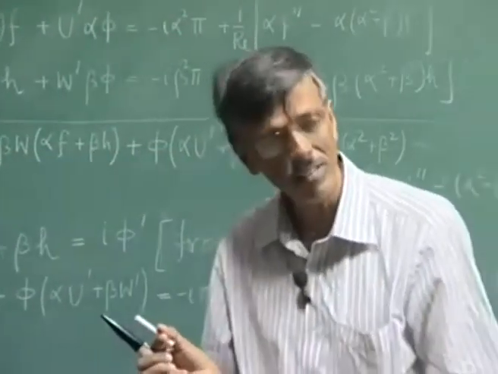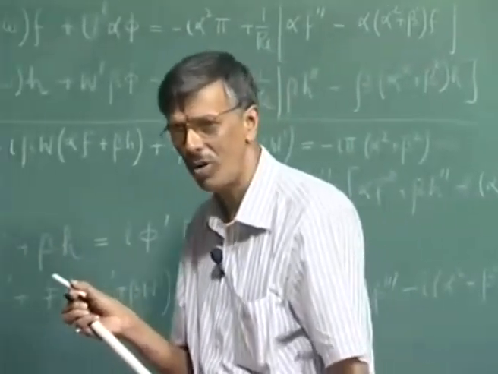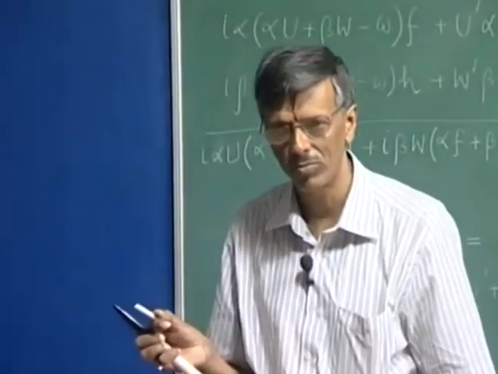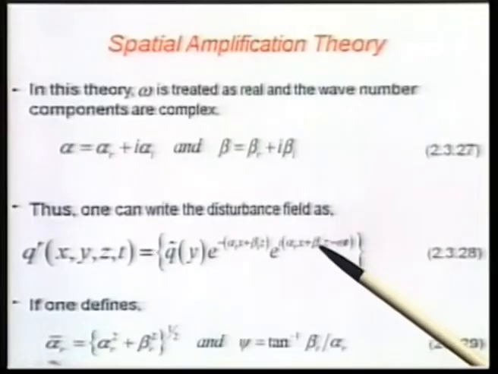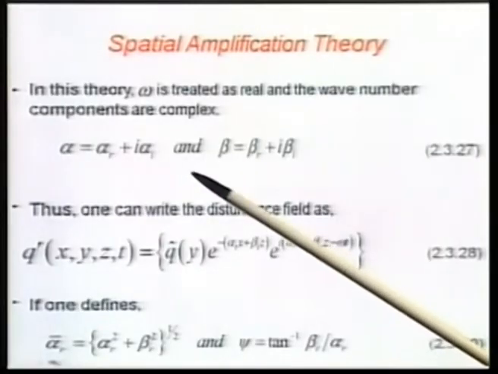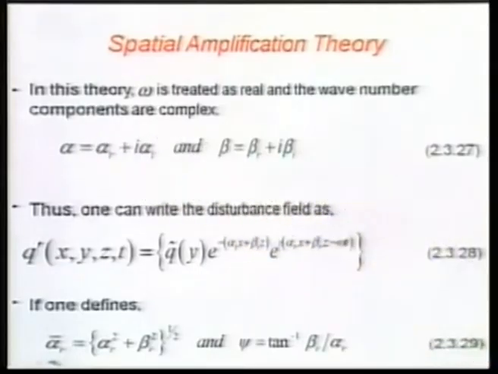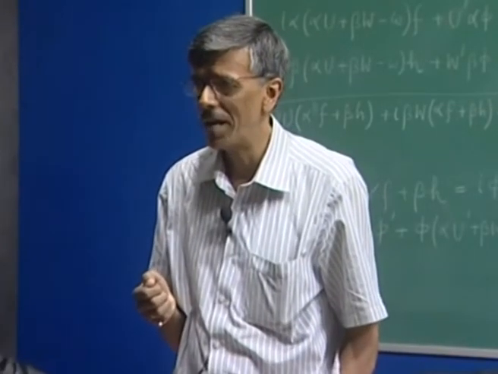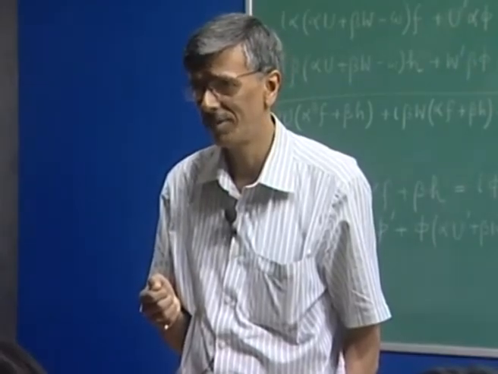So then, as a recipe, we cannot talk about disturbances with real wave number components. We will be talking about disturbances for which alpha and beta are going to be complex quantities. But that still does not say whether omega should be real or complex.